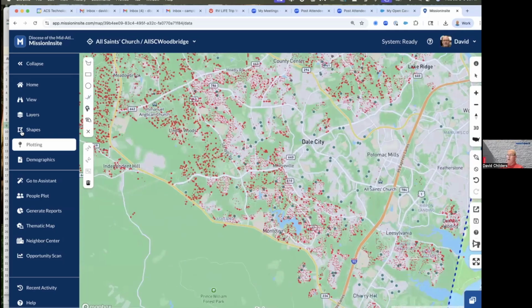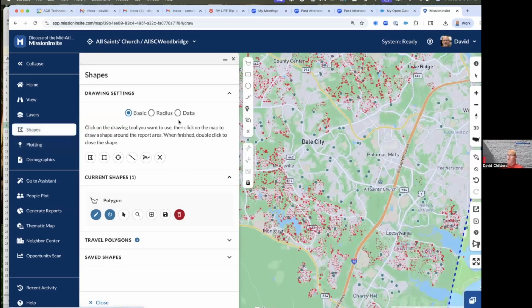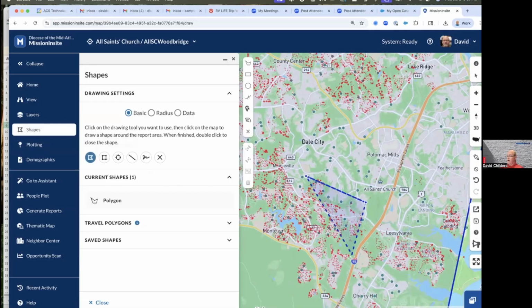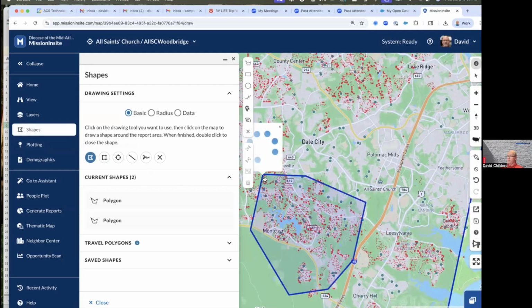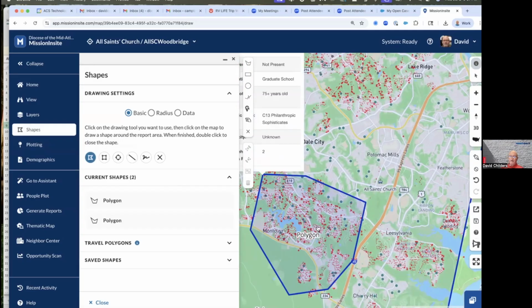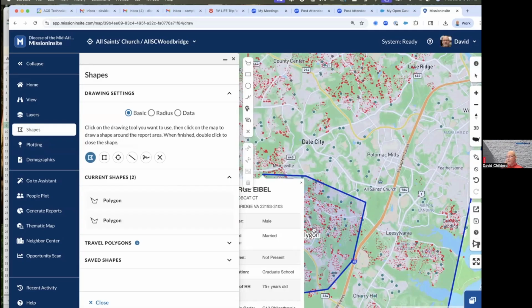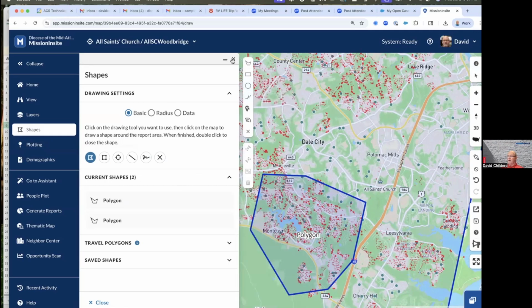And yes, I can do another shape within the current shape that I'm looking at. So if I just wanted to pull up this neighborhood, I can do another shape within this area and call it BO7s and C13s in this particular area. And then I can do work on that particular polygon and analysis in that area.